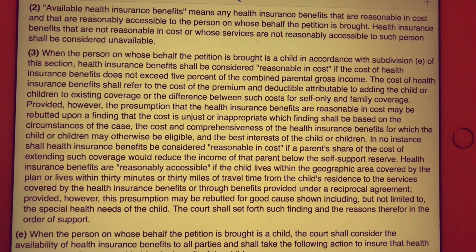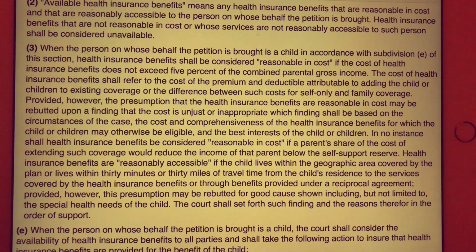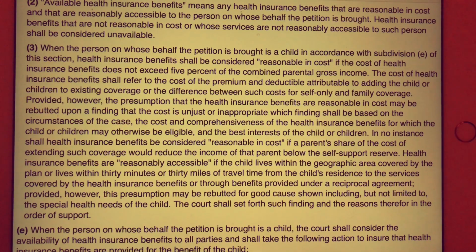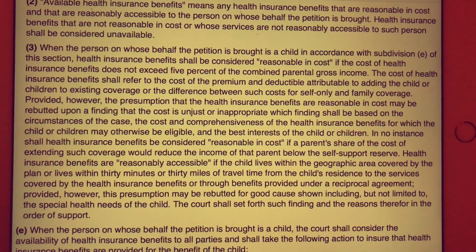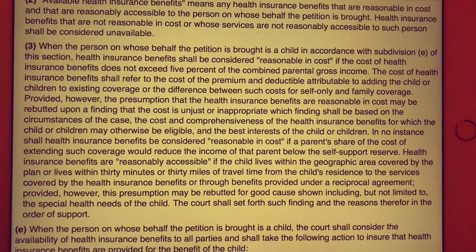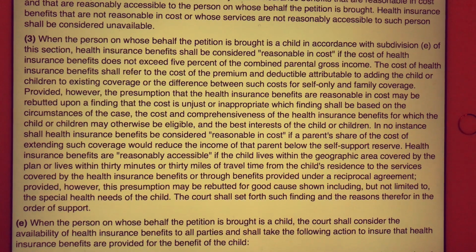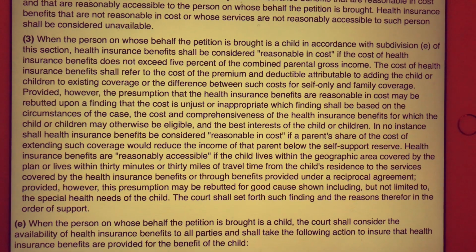Health insurance benefits are reasonably accessible if the child lives within the geographic area covered by the plan or lives within 30 minutes or 30 miles of travel time from the child's residence to the services covered by the health insurance benefits or through benefits provided under a reciprocal agreement. Provided, however, this presumption may be rebutted for good cause shown including the special health needs of the child. The court shall set forth such a finding and the reasons therefor in the order of support.